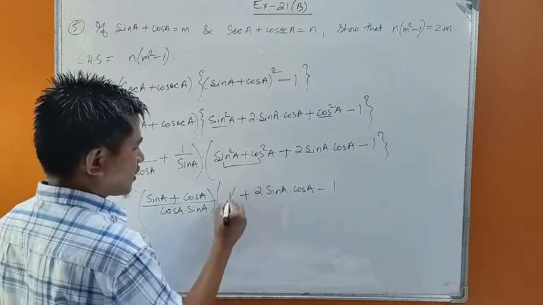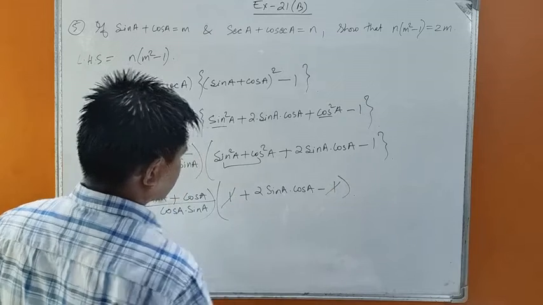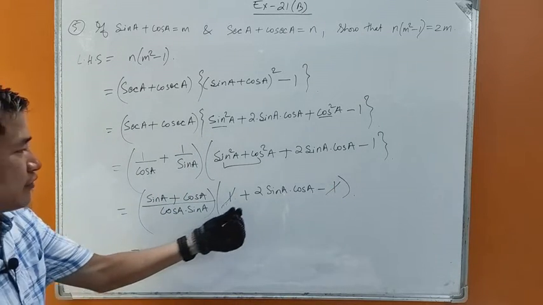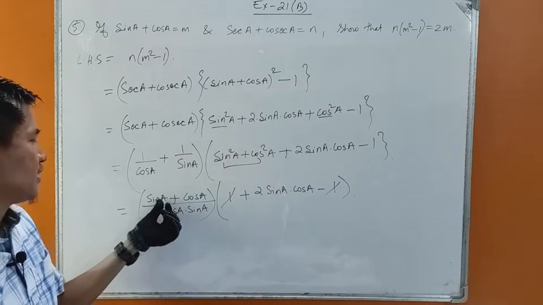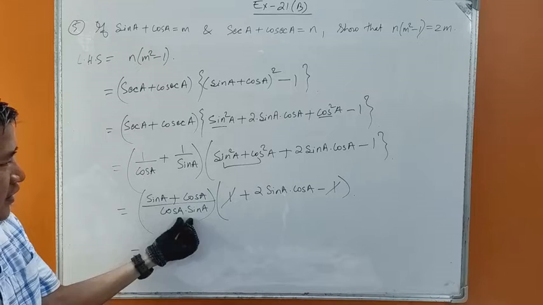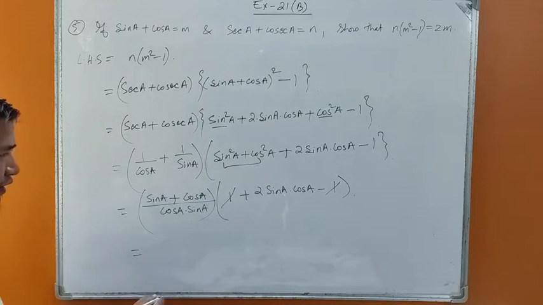So this plus 1 and minus 1 can be cancelled, isn't it? So in the numerator we have 2 sin A cos A into (sin A plus cos A), isn't it, upon cos A sin A.